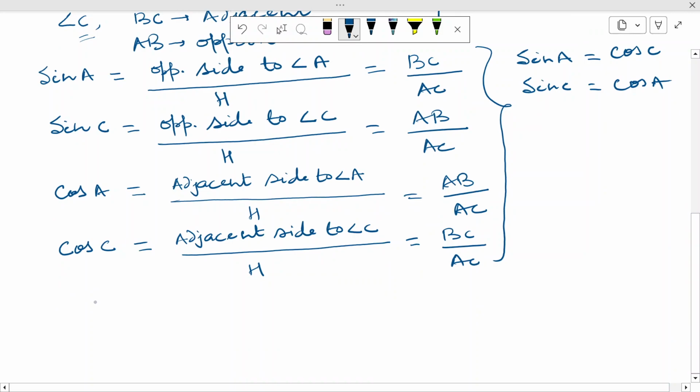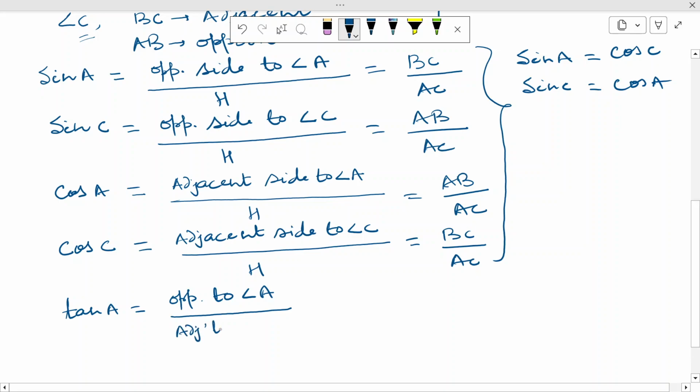Now, the next trigonometrical ratio is tan. If you are finding the tan of angle A, tan of any angle is obtained by considering the side opposite to that particular angle, divided by the adjacent side.